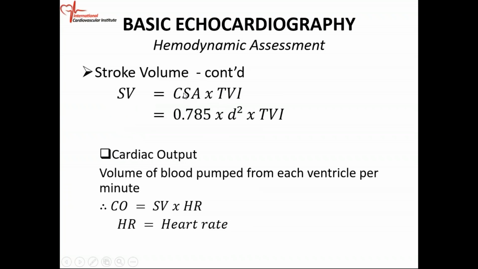Cross-sectional area is pi r squared. When we simplify that, we got 0.785 times d squared. And then you just multiply it by the TVI across the left ventricular flow tract. And this is stroke volume. So this is the formula for stroke volume. You have to remember it. So all you need to do is to measure your LVOT diameter and your TVI.